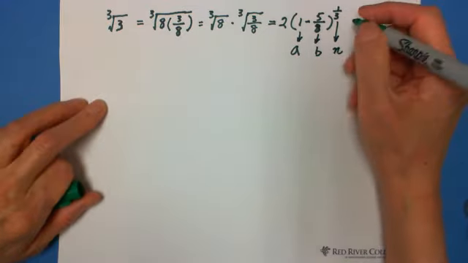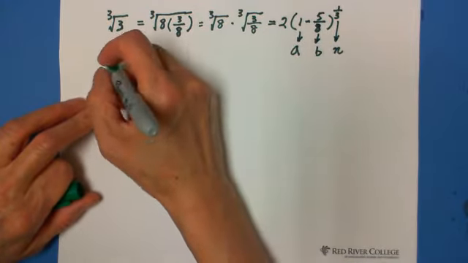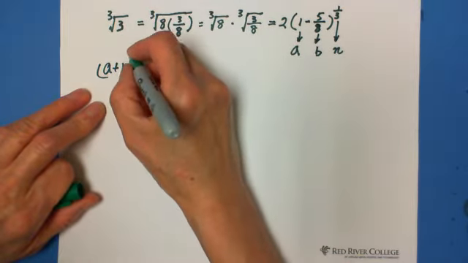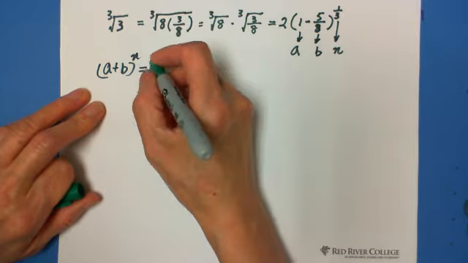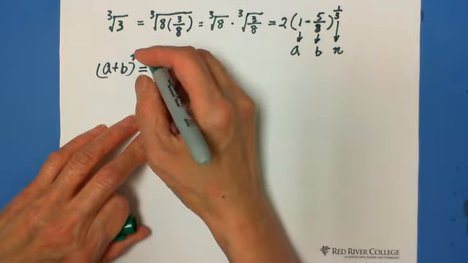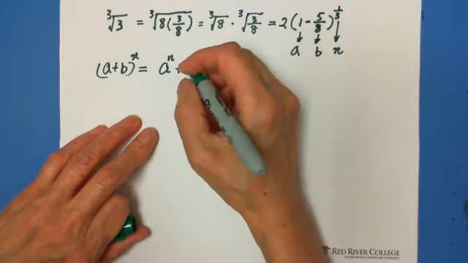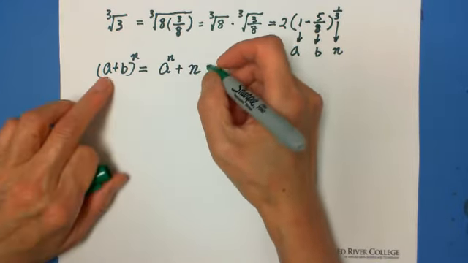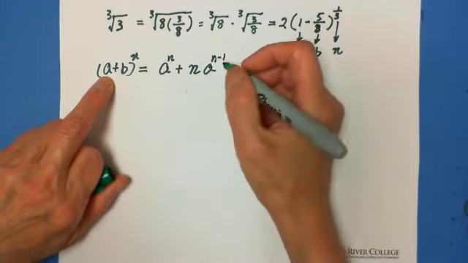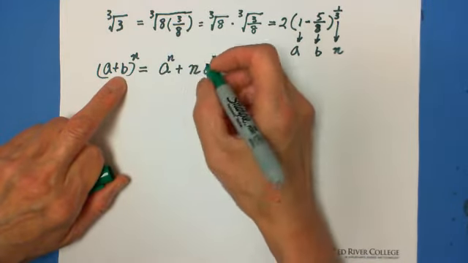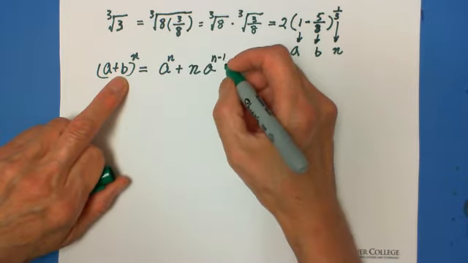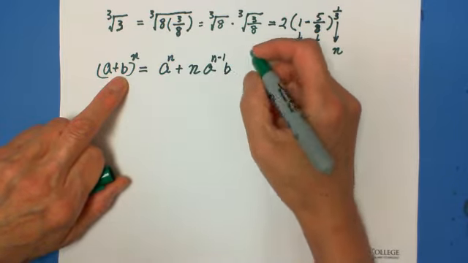This is n. From the binomial expansion of a plus b to the exponent n, we can write the first 3 terms: a to the n, plus n times a to the n minus 1, descending by 1, and b ascending by 1. At the first term, b has exponent 0. Here b has exponent 1.